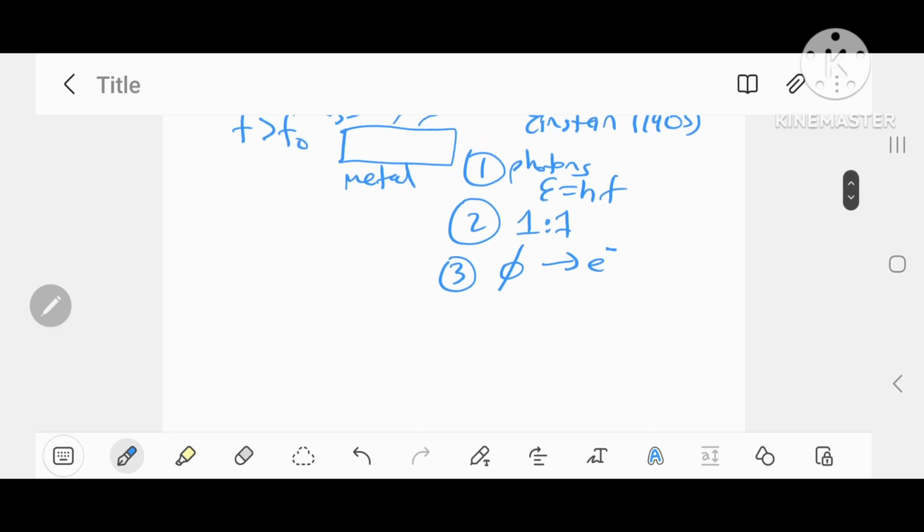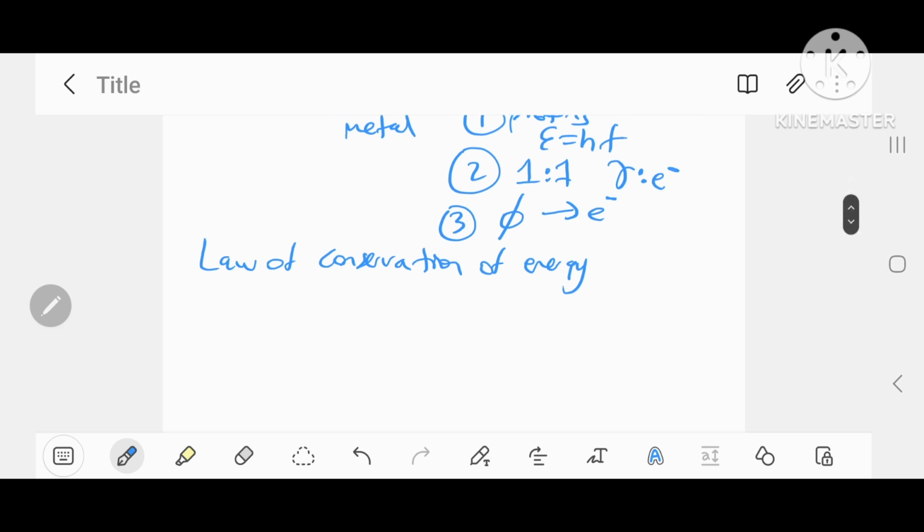Einstein also applied the law of conservation of energy to the one-to-one interaction between a photon and an electron. A photon is given by the symbol gamma, the lowercase Greek letter gamma. Law of conservation of energy: hf sub naught is equal to the work function phi.